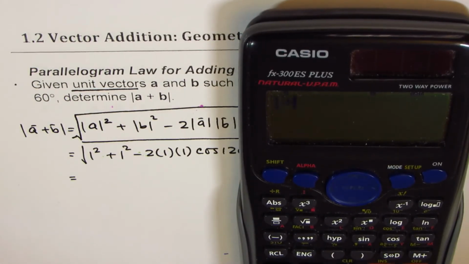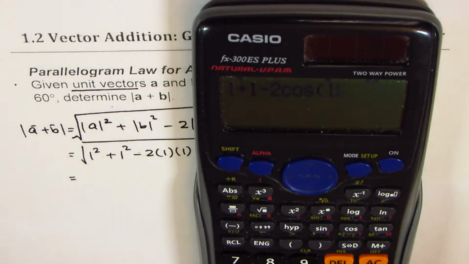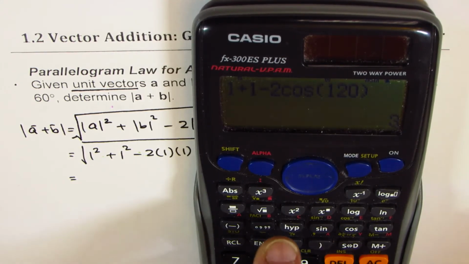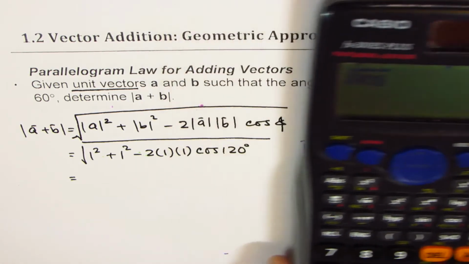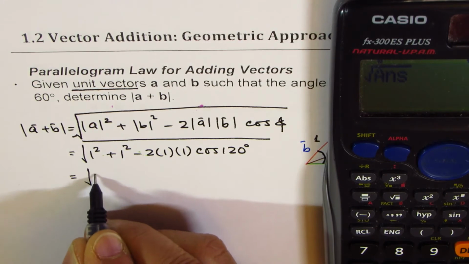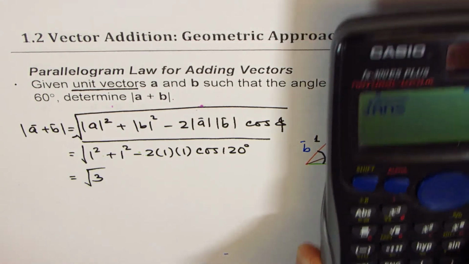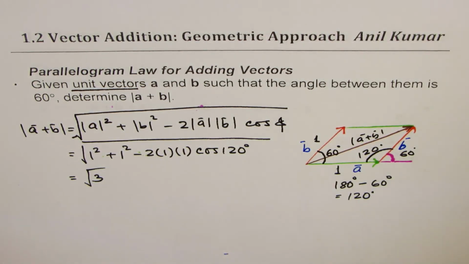So it is 1 plus 1 minus 2 cos of 120 degrees. We'll square root this number, which is 3 for us. So the square root 3 is the answer.